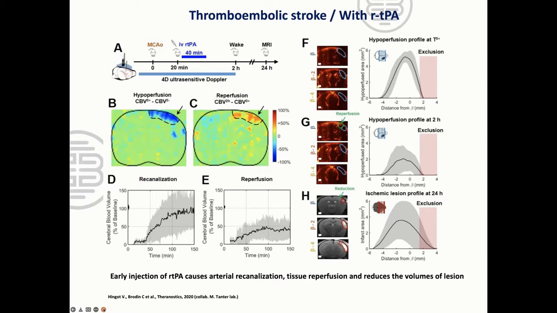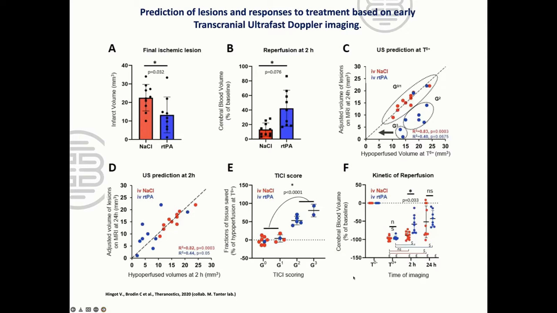This kind of strategy could be very useful in the clinic because right now we have no modalities to evaluate the response to treatment. And here, by using fast ultrasound imaging, it could be used at a very early time after stroke onset, very early after the beginning of the treatment, to tell that the patients are responsive to the treatment and the thrombolytic strategy.